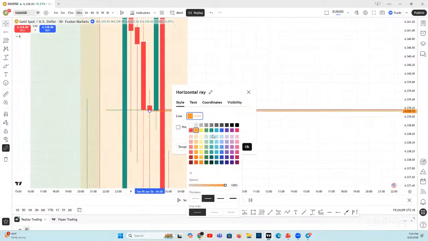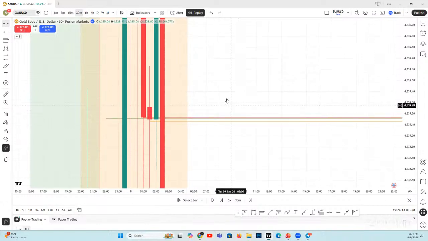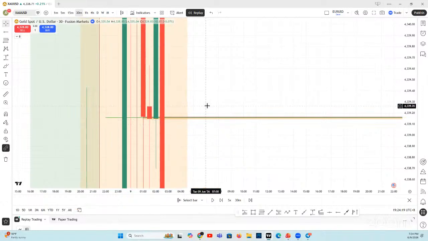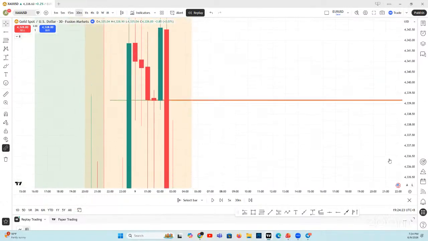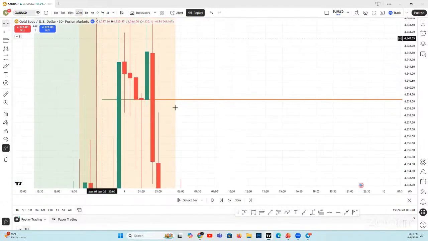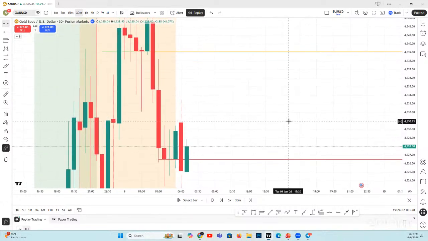Orange is M30. Okay, guys, now you have three zones. You have three multi-time frames in one area. Right? Okay. Very nice.